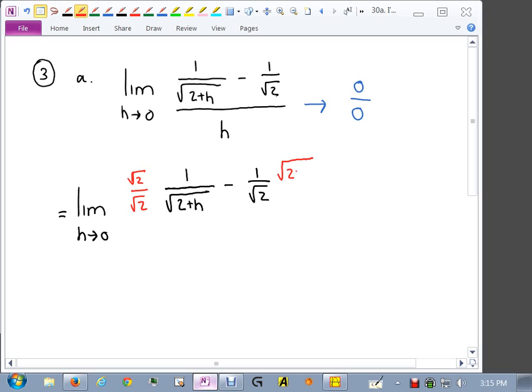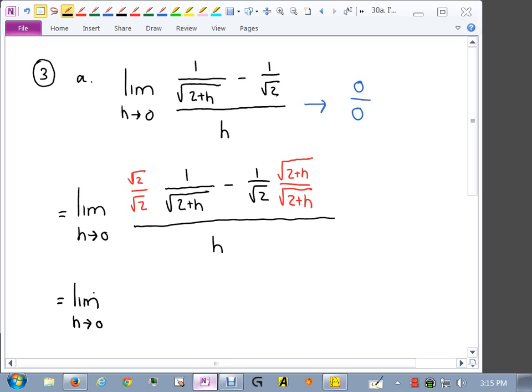Root 2 plus h over root 2 plus h. All of this over h. Okay, so I'm just trying to get a common denominator, that's all. When I put these together, I'll have the numerator up here, which is what? Root 2 is the top left part.